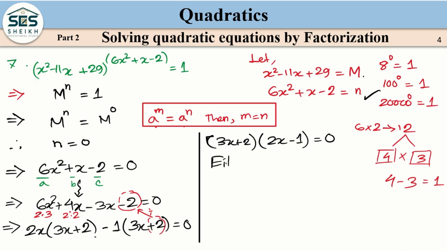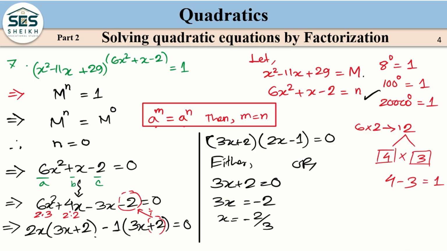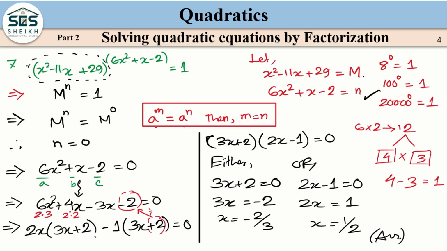So either 3x plus 2 is 0, so the value for x has to be minus 2 over 3, or 2x minus 1 is 0 and twice of x is 1 and x is 1 over 2. So these are the values of our x here. So this is the solution. This one here, x squared minus 11x plus 29, was nothing, it was just to make us confused.